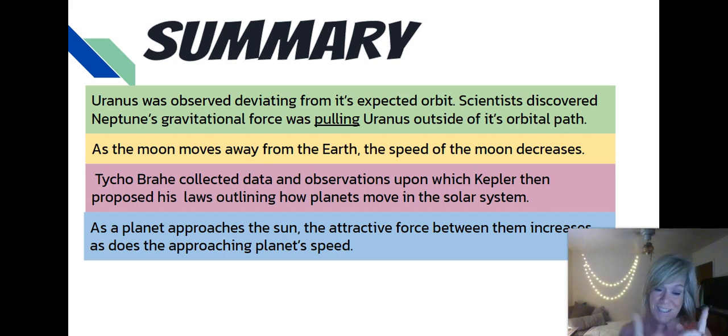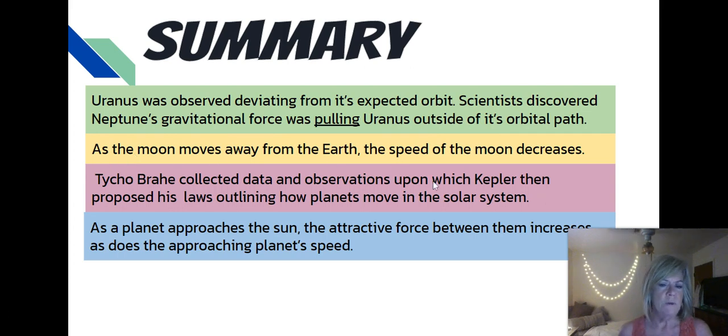They hadn't even discovered Neptune at the time, but because of Uranus's behavior, they were able to determine there was another planet out there. Every time Uranus got close enough to its gravitational pull, it made it wobble outside of its expected orbital path, pulled it away, and made it wobble a little bit.